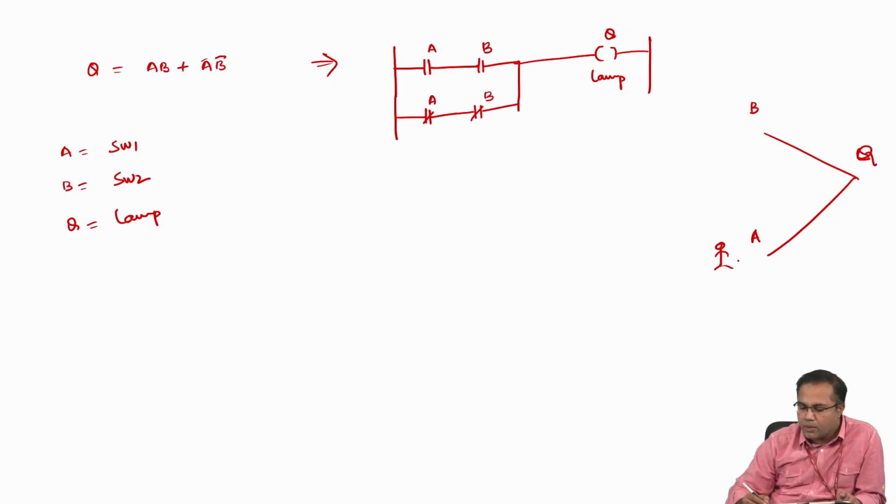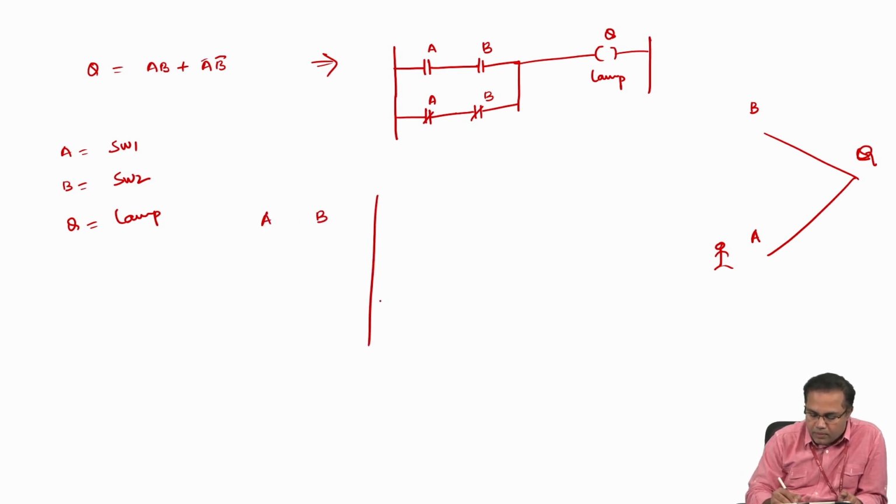Currently he has not switched any of the switches, so A is 0 and B is also 0. He has not pressed any switch.